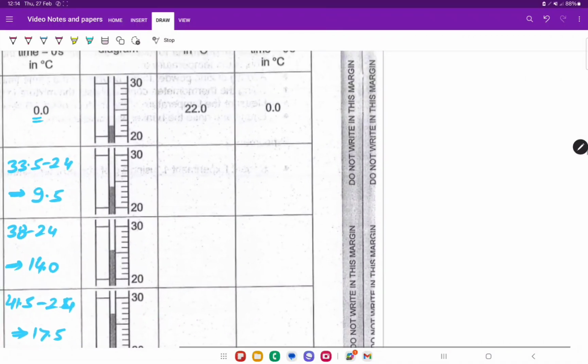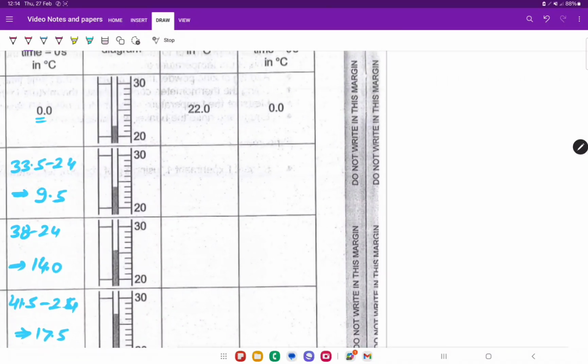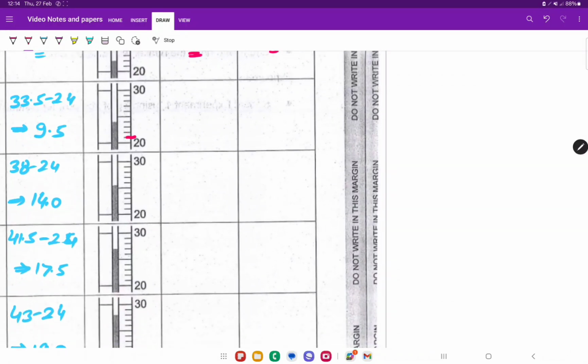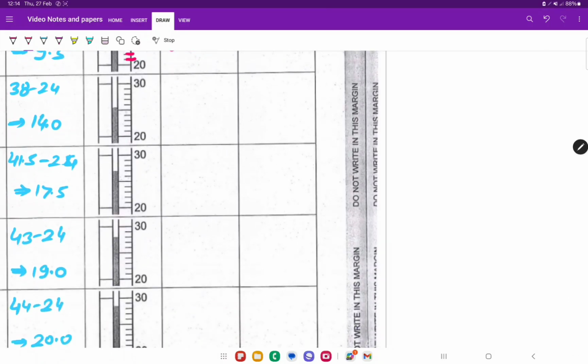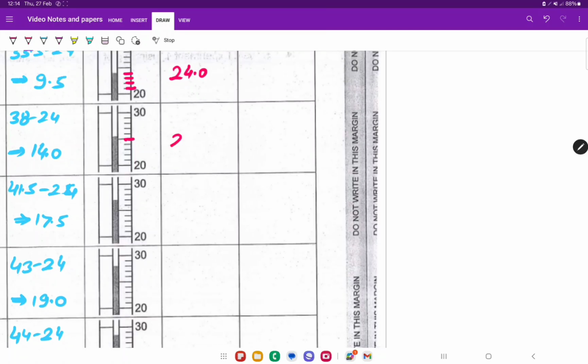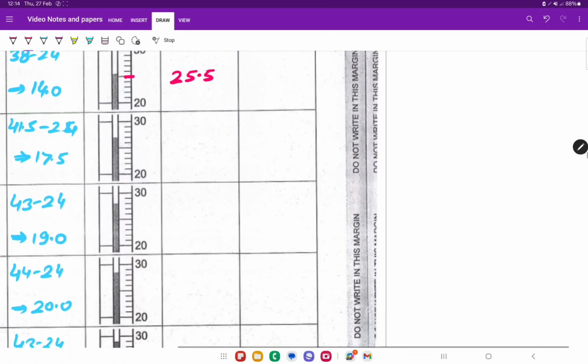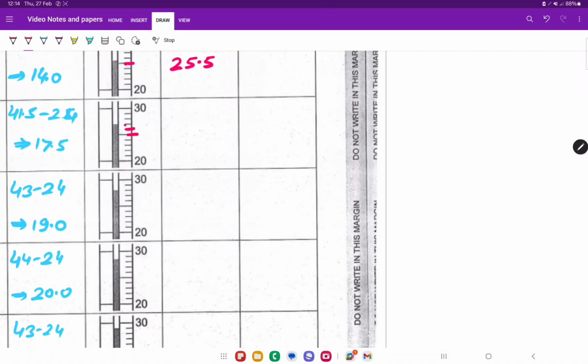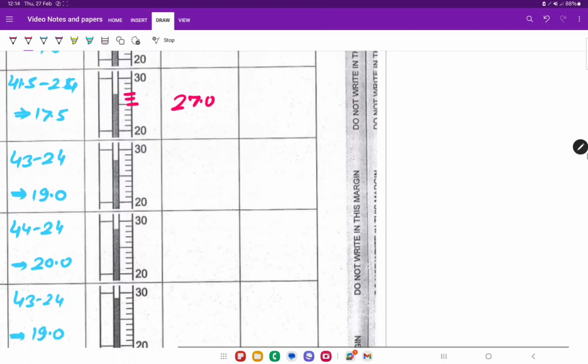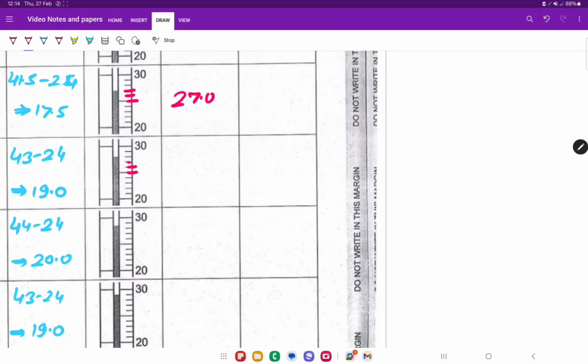Now come to experiment number 2. In experiment number 2, the initial reading is 22 at time equals 0. The next reading is 24.0. After that, it is between 25 and 26, so we can say it is 25.5. Then next is 27.0. Next it is on 28.0.